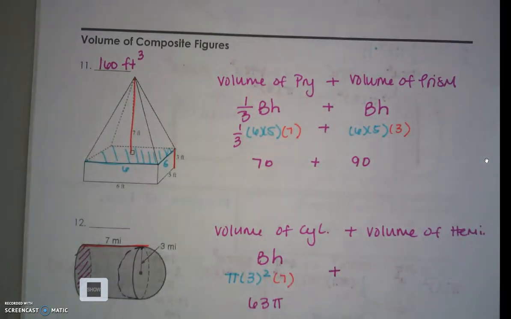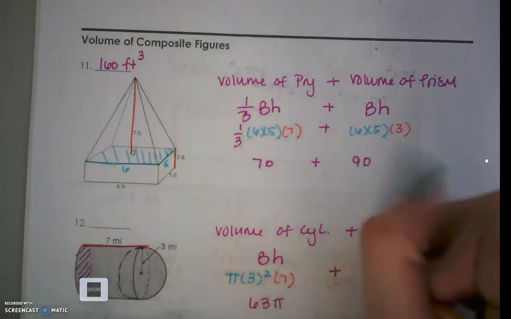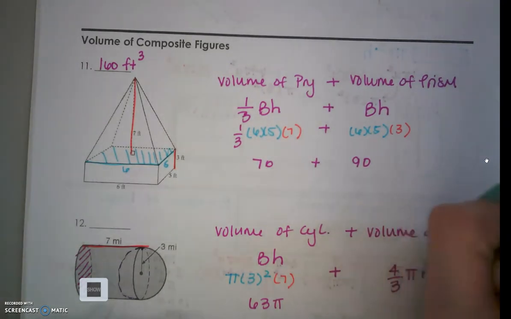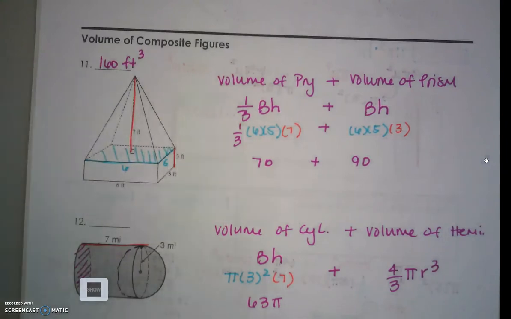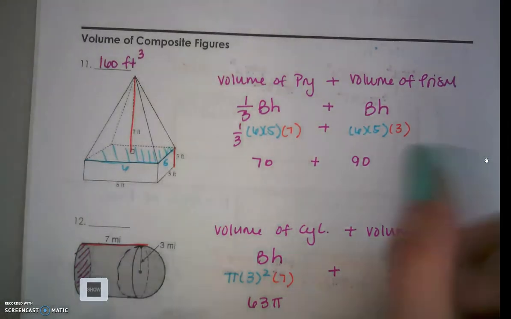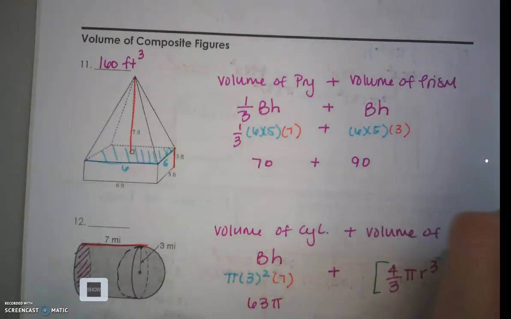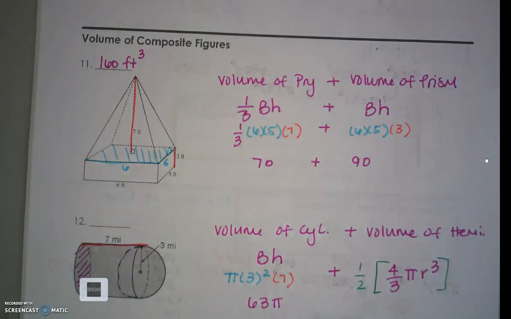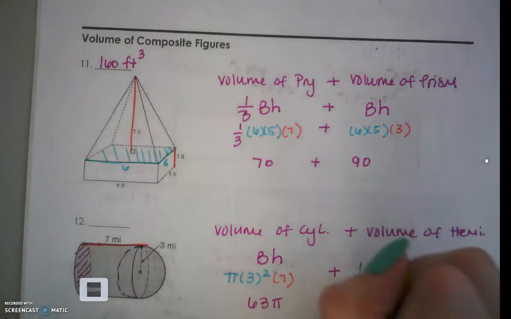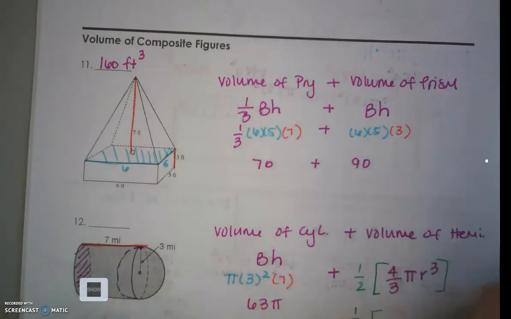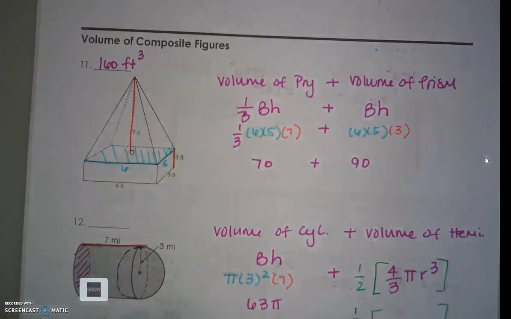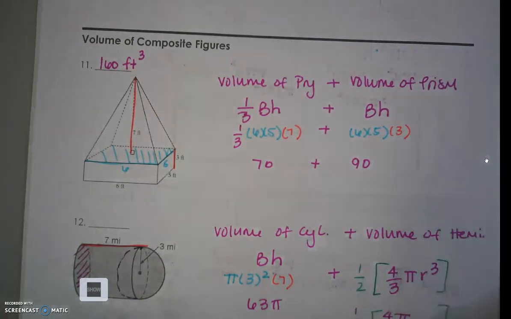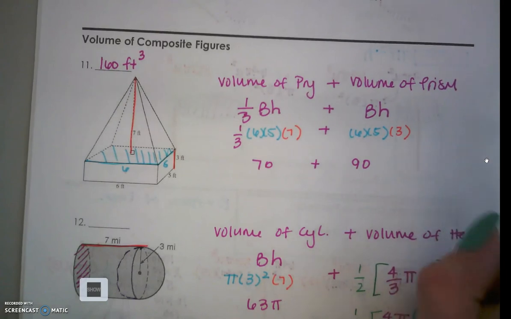Now, we've talked about the volume of a sphere, so we know that's 4/3 pi r cubed. But if I want a hemisphere, I'm going to need to take half of this answer. So I'm going to take 4/3 pi, and my radius is 3.